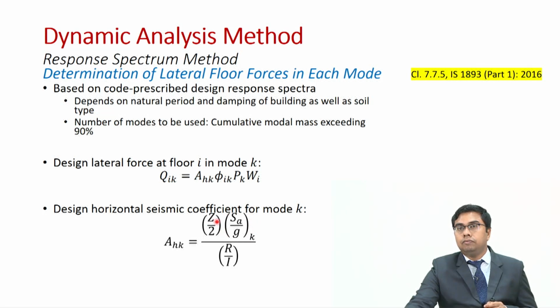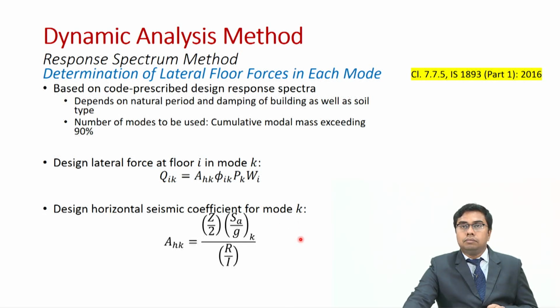Z does not depend on which mode you are considering. Similarly, the response reduction factor and the importance factor depend mostly on the structural system and functionality of the building respectively, and these are not influenced by the concerned mode. So, therefore, only Sa by g will be affected by which mode we are considering.